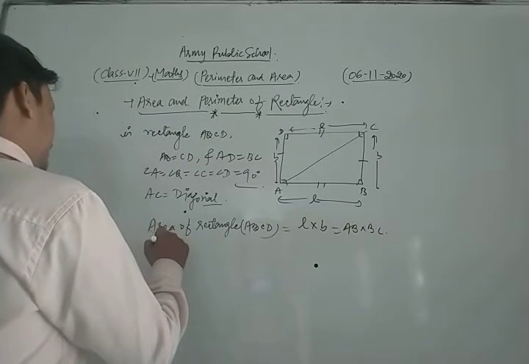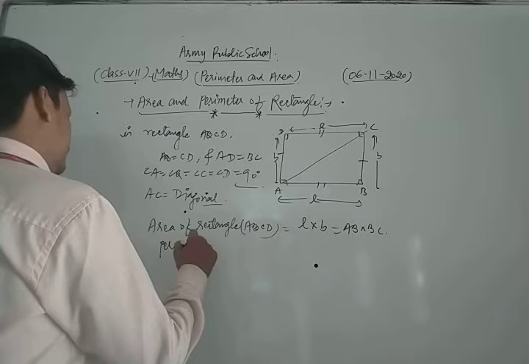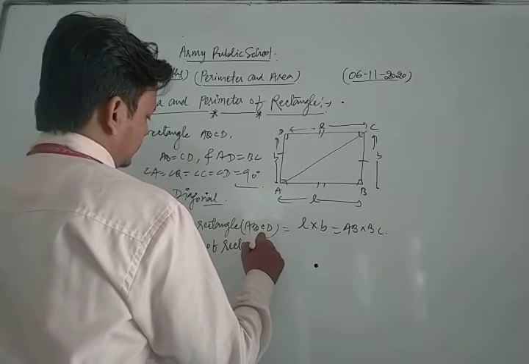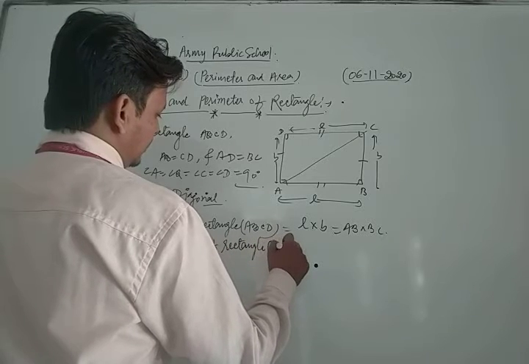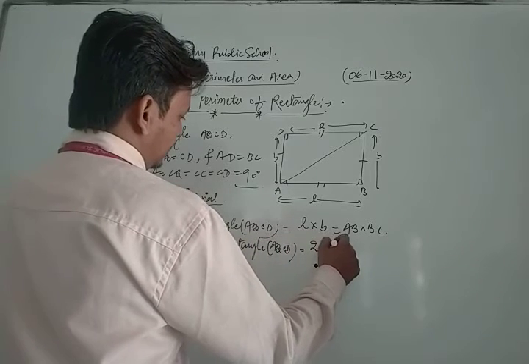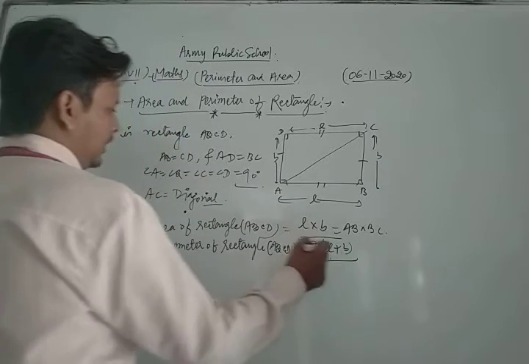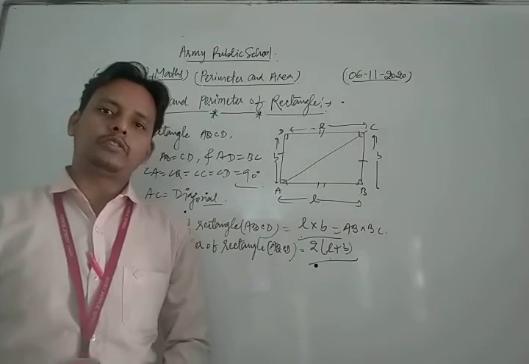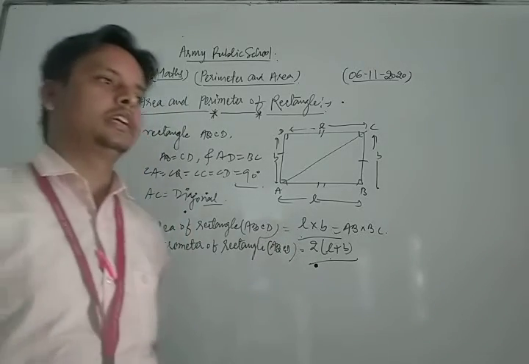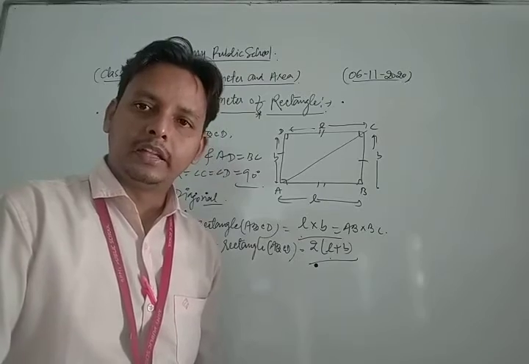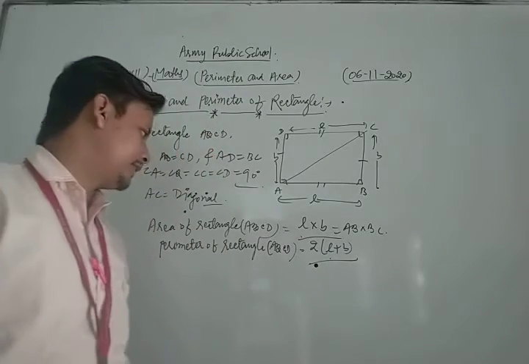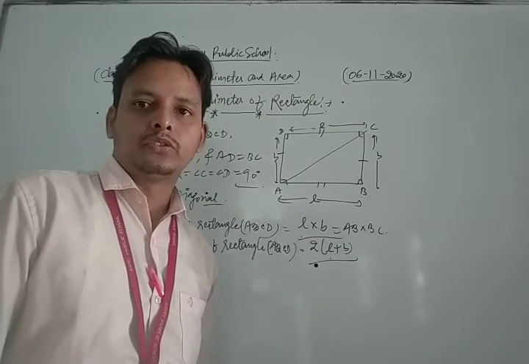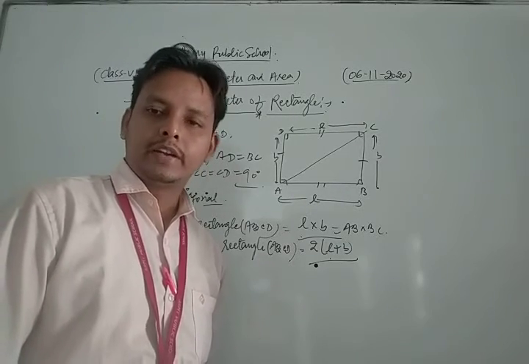And the perimeter of rectangle ABCD is 2 times length plus breadth. This is the formula for the perimeter of rectangle ABCD, and this is the formula for the area. So the area of a rectangle is length into breadth, and the perimeter is 2 into length plus breadth. So this is the whole concept of a rectangle.